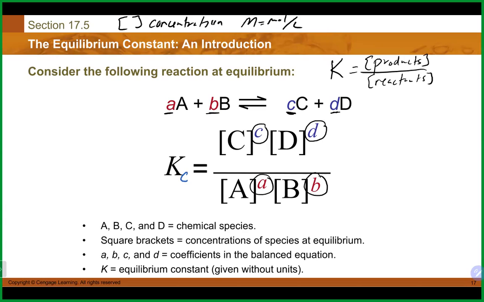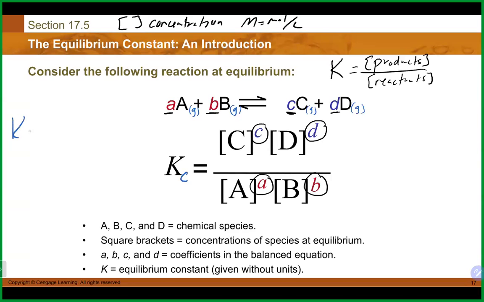For example, if these were all gases here. When we deal with gases, we oftentimes deal with pressures rather than, say, concentrations. So you could write an equilibrium constant involving pressures, and it works the exact same way.